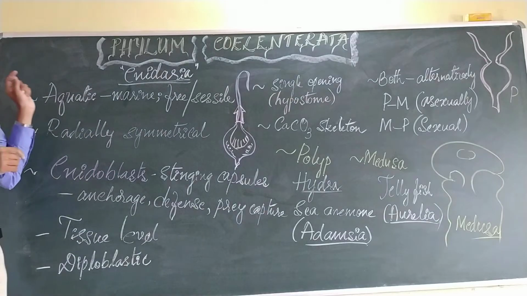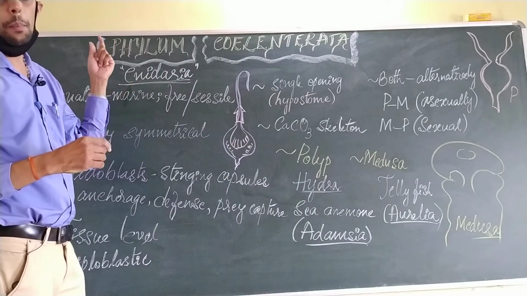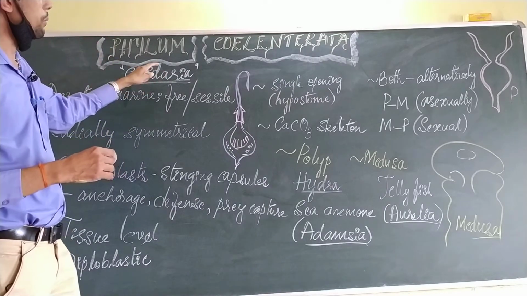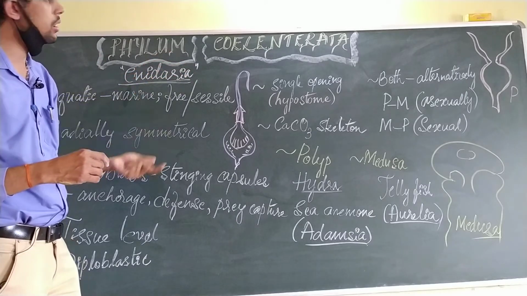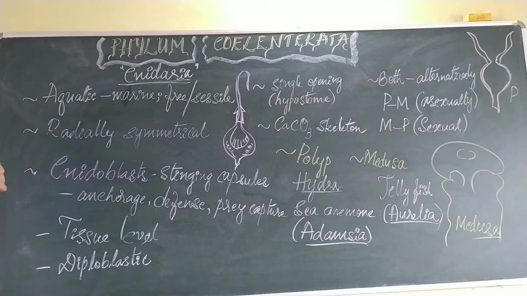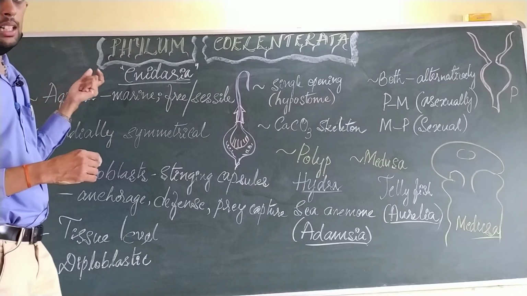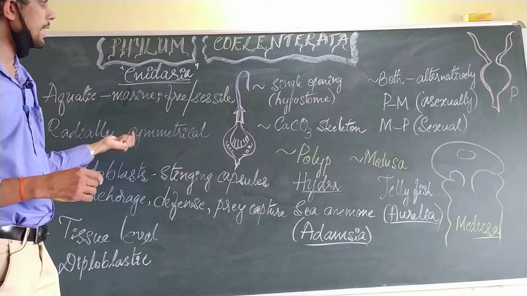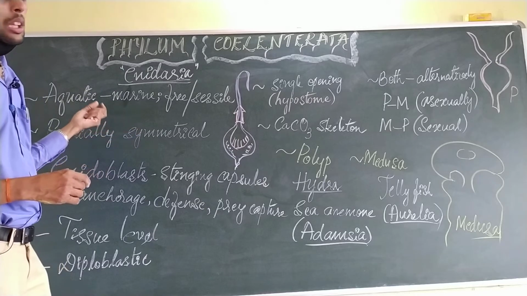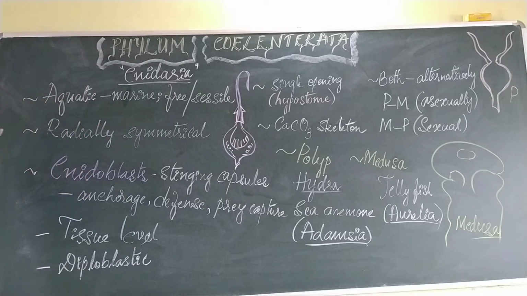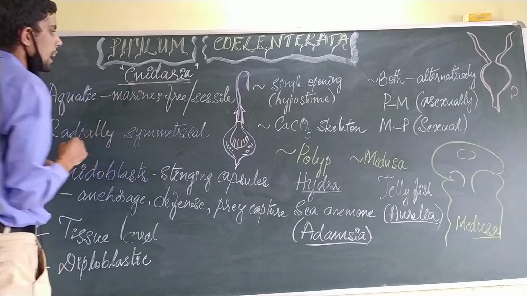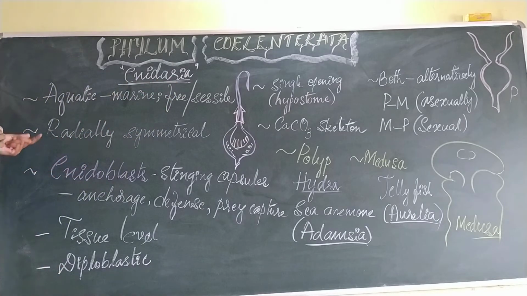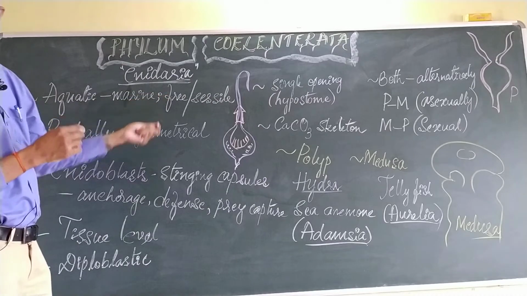In the previous phylum, that is the phylum Porifera, the organization of the cells and other different criteria were very simple. Whereas here in this phylum, the phylum Coelenterata or Cnidaria, we have something a little more advanced than that of the phylum Porifera.